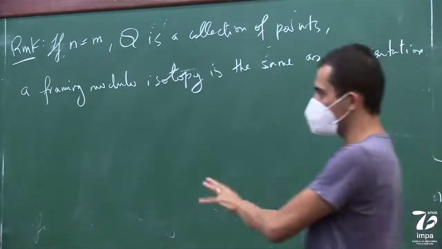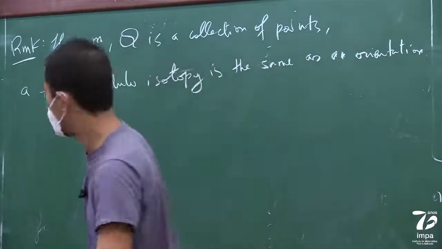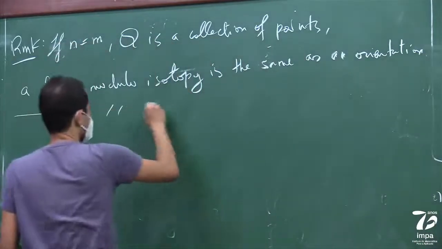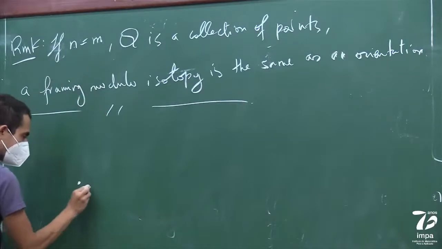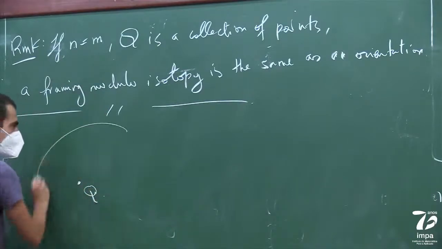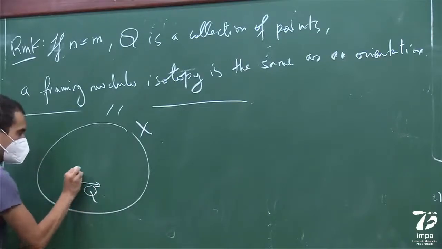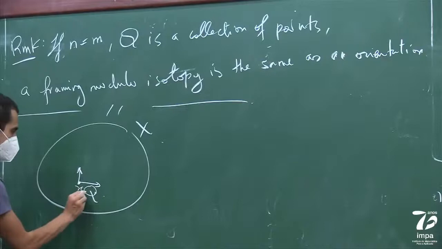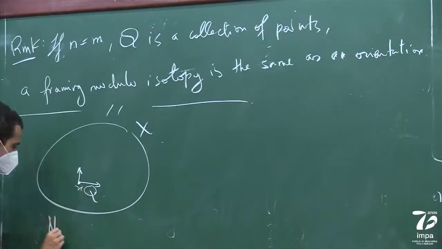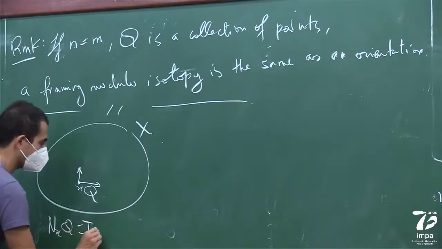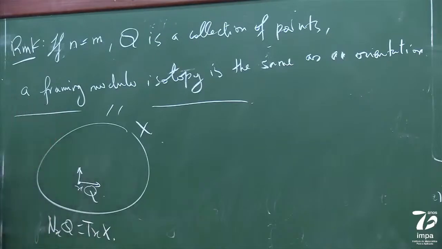I mean, that's already true without even looking at pre-images. So if I take a point, if my submanifold is a point inside of X, what's a framing? A framing is a choice of a basis for the normal space. So if this is X, then the normal bundle is the same as the tangent bundle. It can be identified with the tangent bundle.